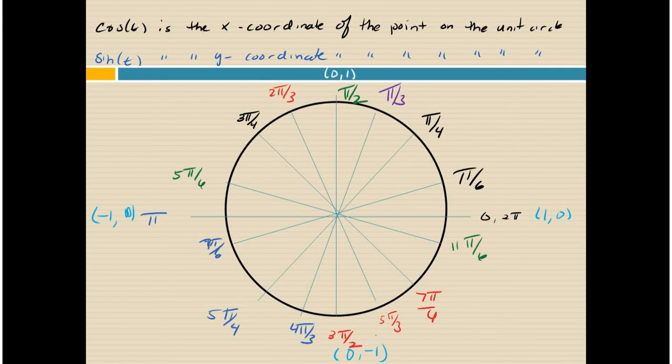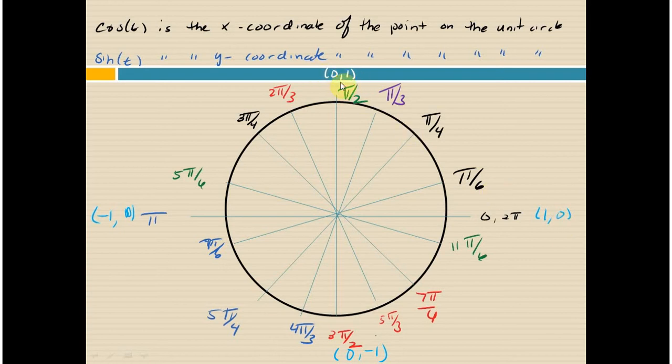So I can fill in some of these fairly easily. The x-coordinate over here is, well, the radius is 1, so I've gone a distance of 1 across to the right, so the x value is 1, and the elevator has not gone either up or down, so the y value, which is the movement up or down, is 0.